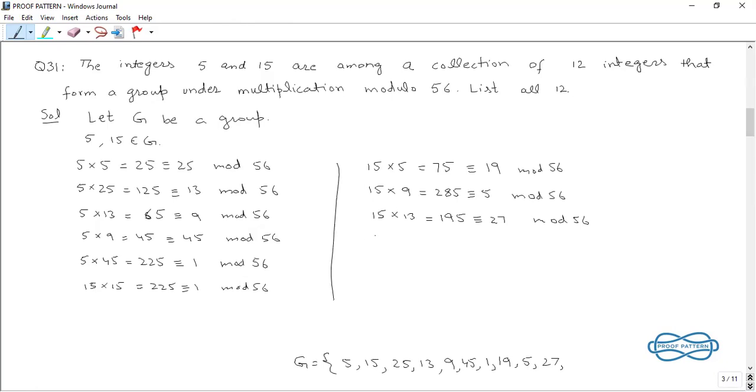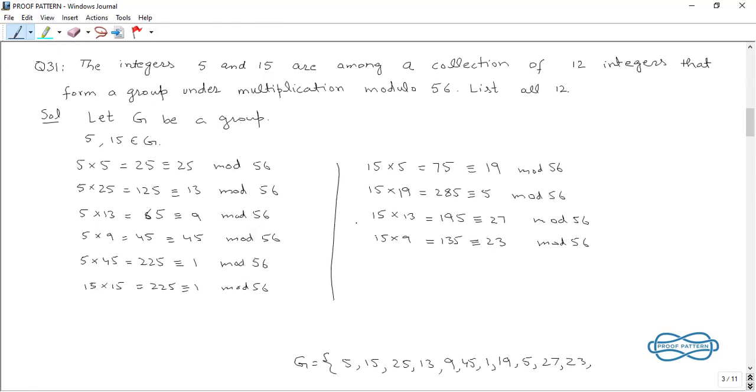When we multiply, here it is 19, not 9. Now if we multiply 15 with 19, we get 285... 135, which is congruent to 23 mod 56. So 23 is another element.